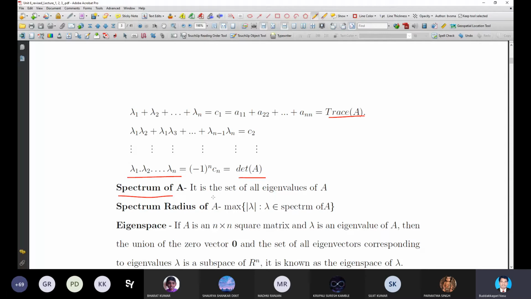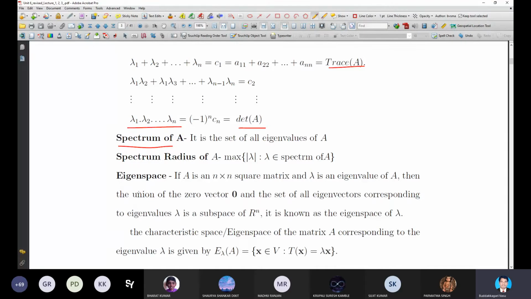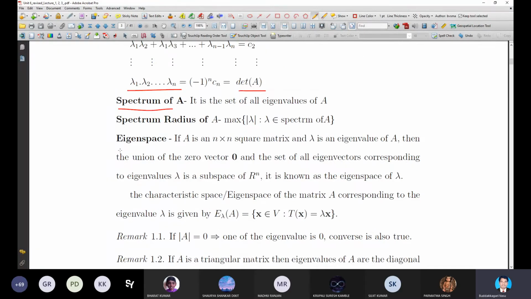Spectral radius means the maximum eigenvalue, the maximum absolute value, which gives you the distance from the origin. Next, eigenspace is defined as the union of the zero vector and the set of all eigenvectors corresponding to the eigenvalue. It is a subspace in Rn, so it is called the eigenspace of lambda.